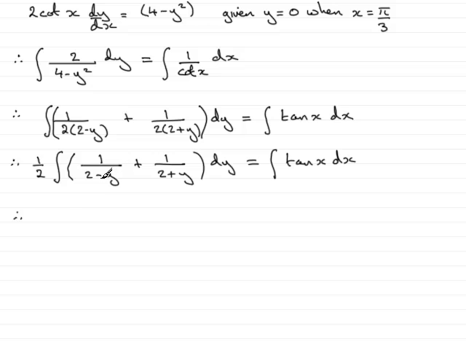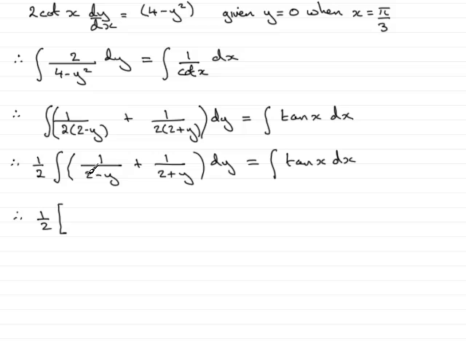Now when we come on to integrating 1 over 2 minus y, I'll just put the half there first of all. When we come to integrating this, what we have is a fraction, and anytime I have a fraction, always check whether differentiating the denominator gives the value on the top or a constant times that value.